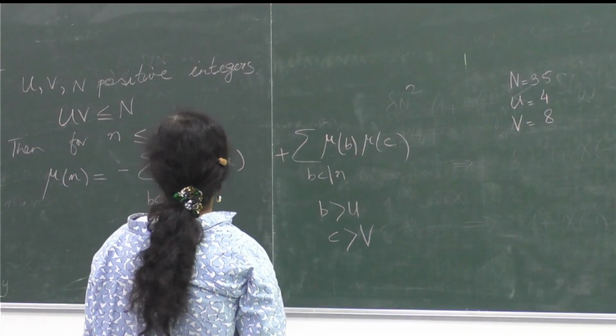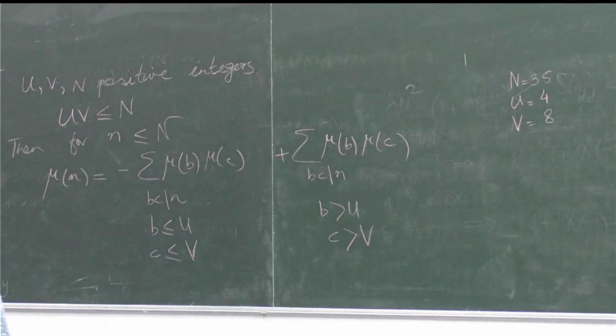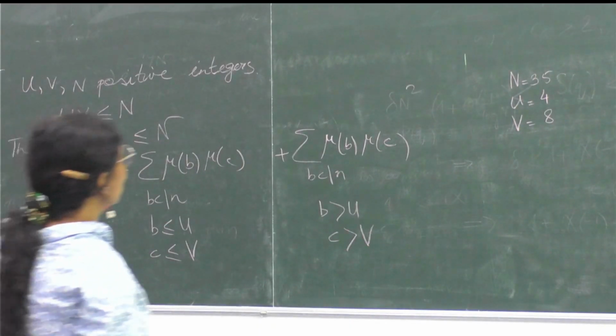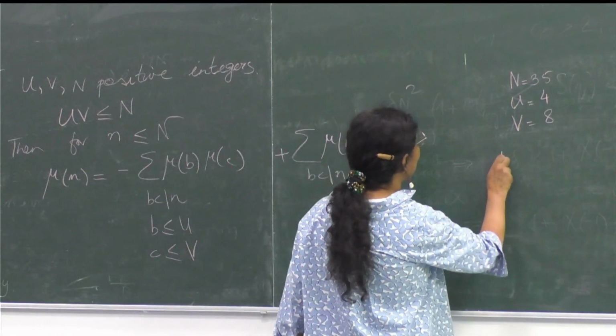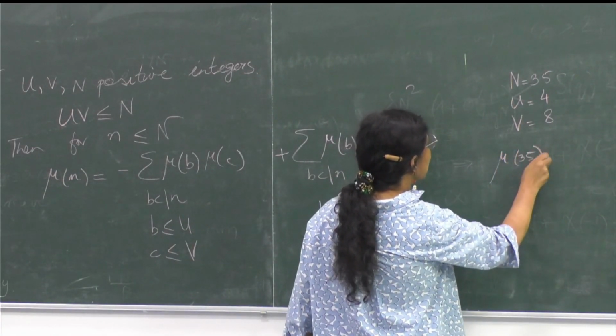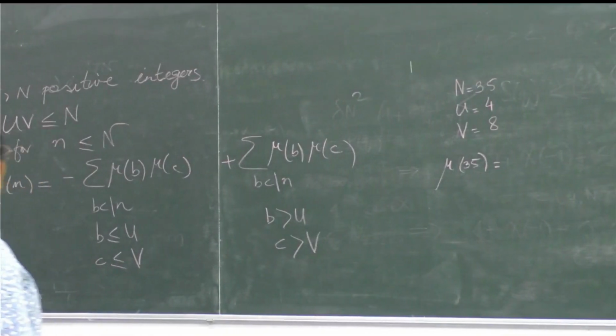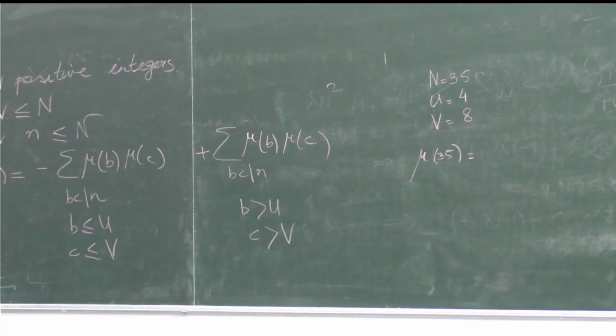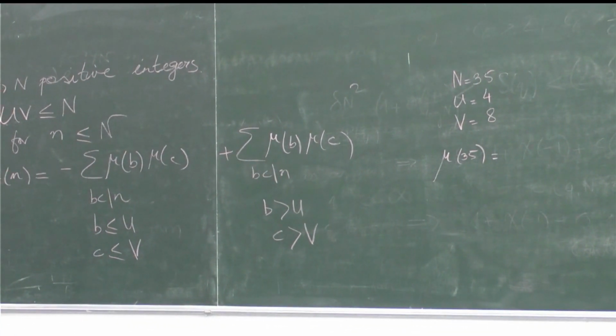No, little n. Capital N is 35, right? Little n is also 35. Little n is less than or equal to N, okay? So mu of 35 is equal to 1. Why should it be 1? 35 is 5 into 7. Ah, yeah, okay. So now if I do it this way, what happens?